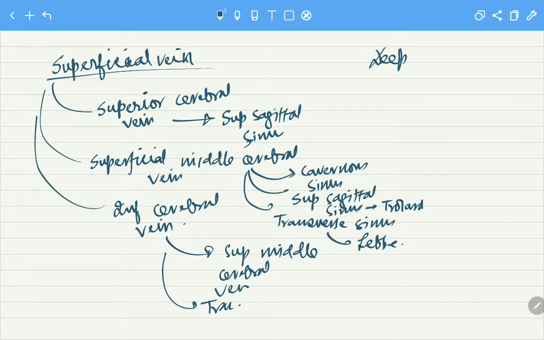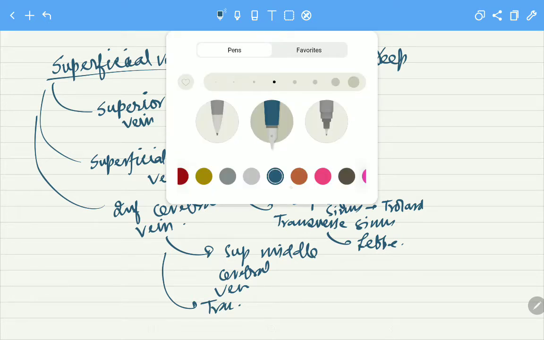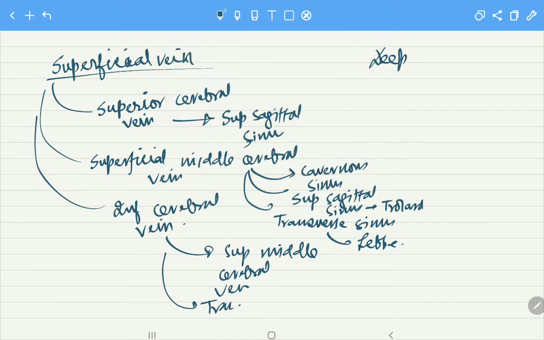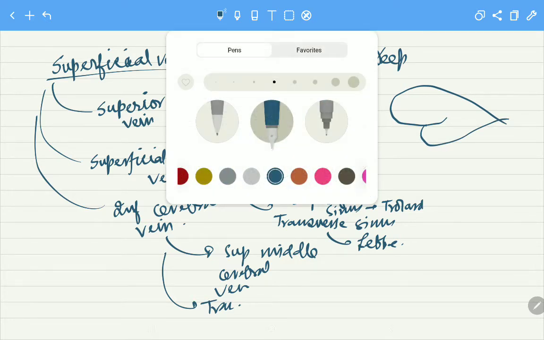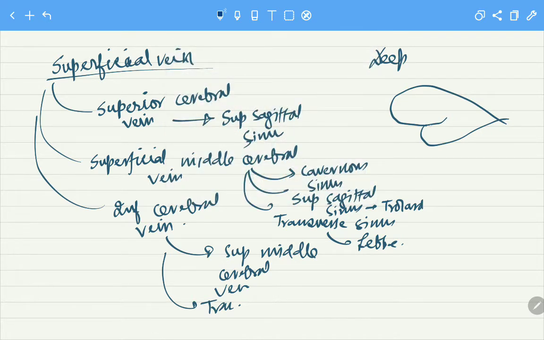So if we just recap the venous drainage, this is the superficial middle cerebral vein, which anteriorly goes to drain into the cavernous sinus.